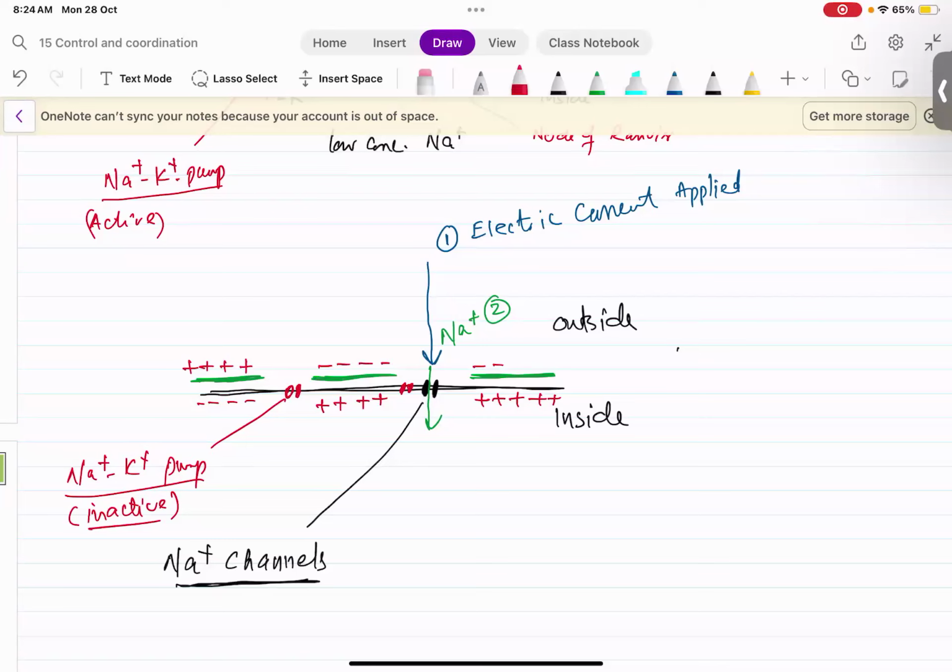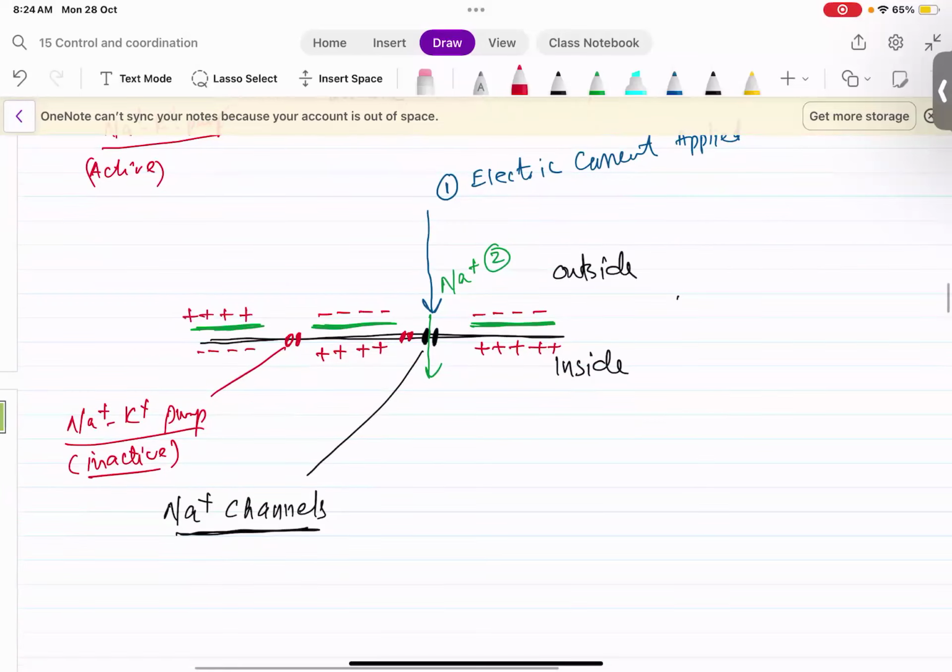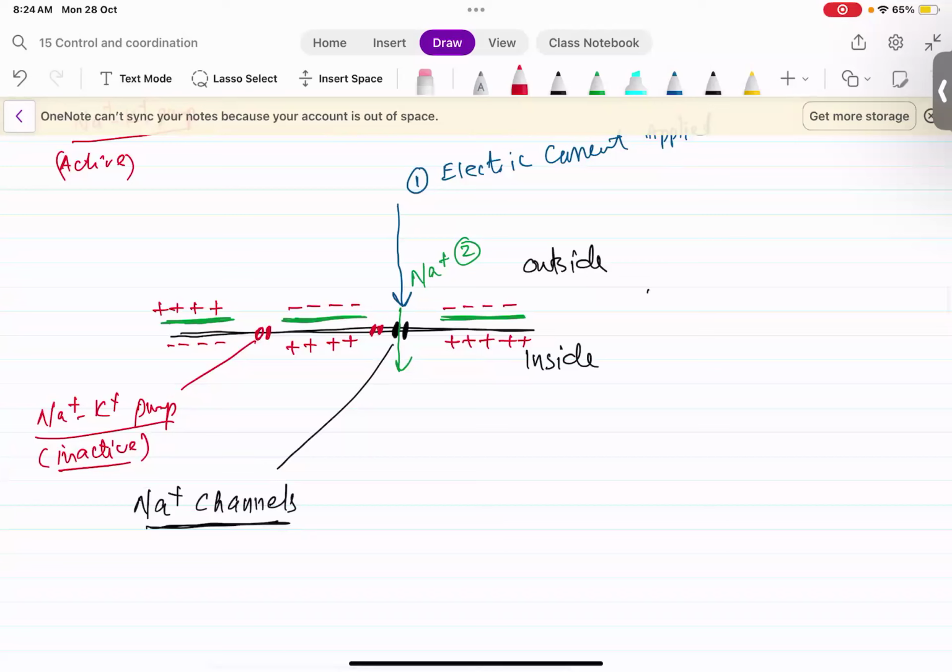This happens due to the influx of sodium ions, and this is known as depolarization.